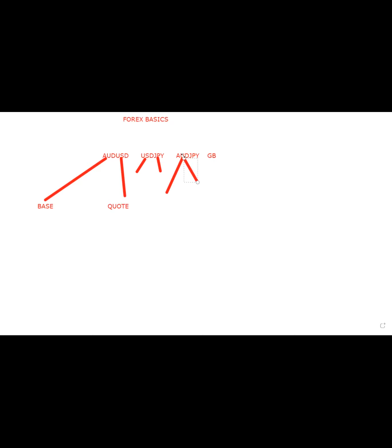Exactly. So you can write this down so you don't forget. Note: the base is always the first currency in the transaction, while the quote comes second.